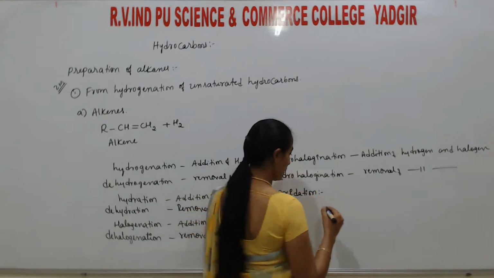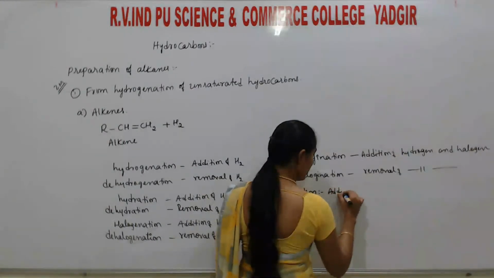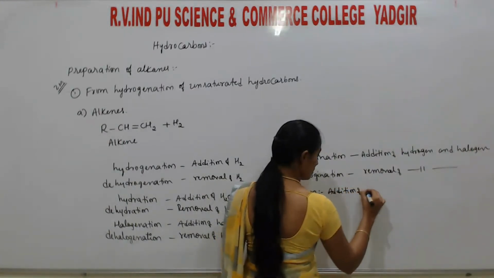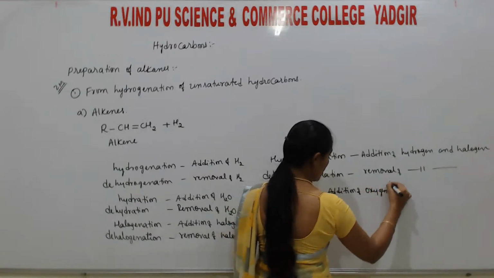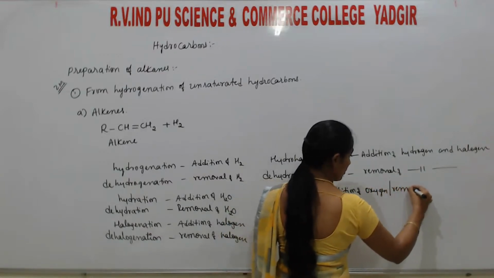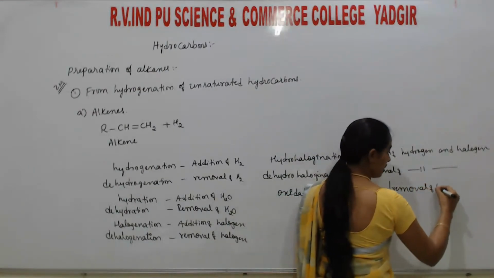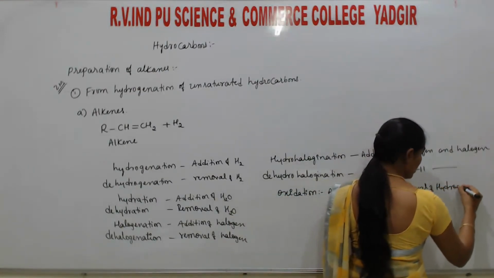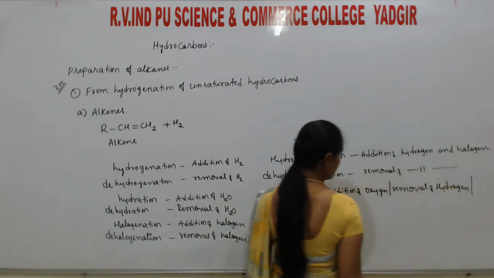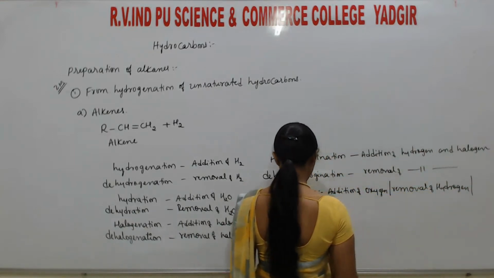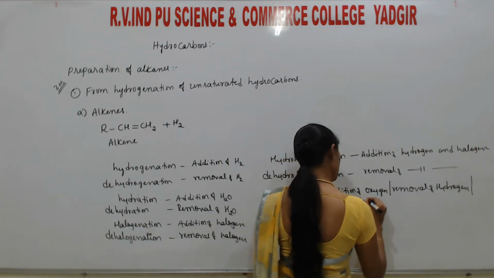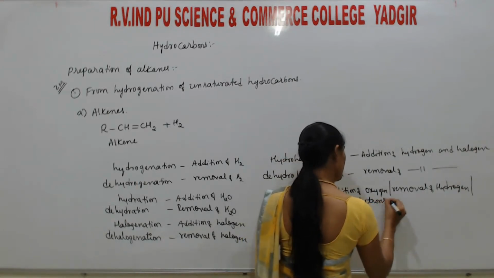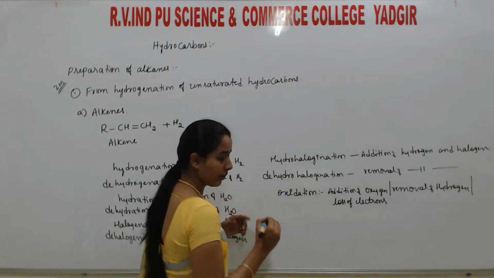Okay. Next, oxidation. 3 rules are there: addition of oxygen, or removal of hydrogen, or loss of electrons. This is oxidation. Remember.